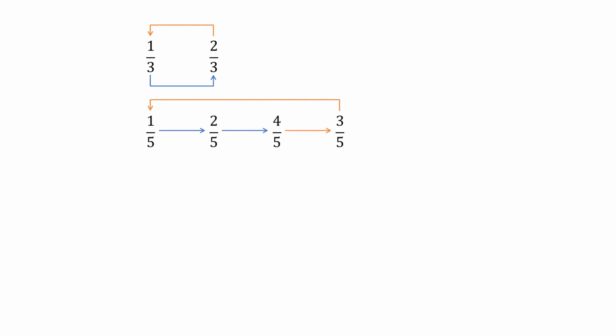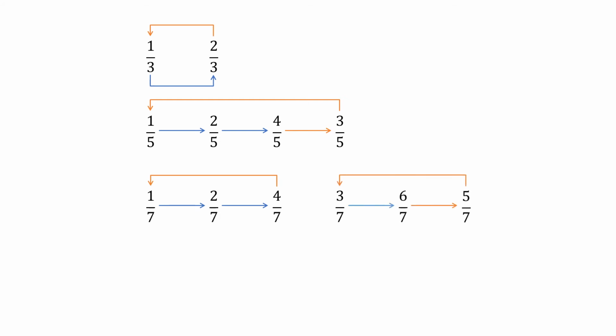Let's give it a try. There's 1/3 that becomes 2/3 and then comes back. There's a cycle of 1/5, 2/5, 4/5, and 3/5. 1/7, 2/7, 4/7, and then you have 3/7, 6/7, and 5/7.